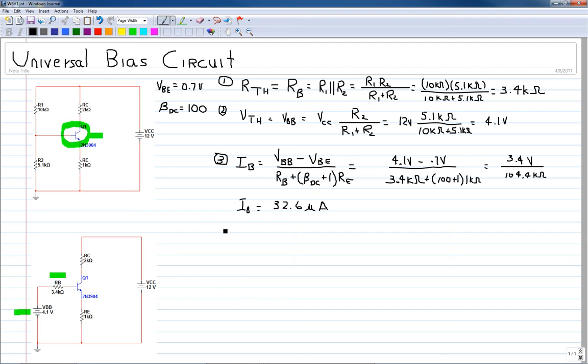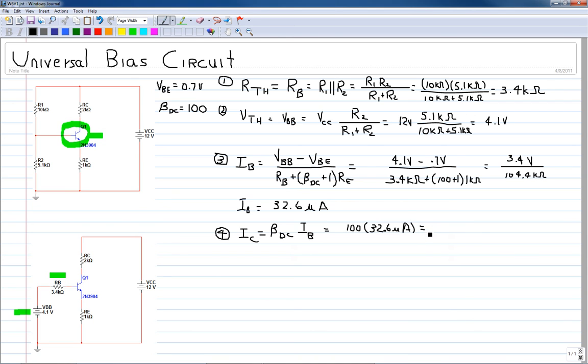The next step is to determine IC, and IC is equal to beta DC times I sub B, which is equal to 100 times 32.6 microamps.